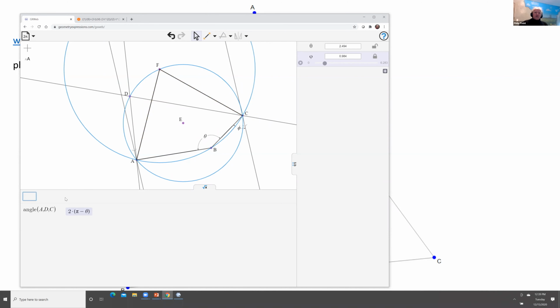Let's just ask for that angle AFC. See, yes, in fact, 2 pi minus theta, so that is the correct place.